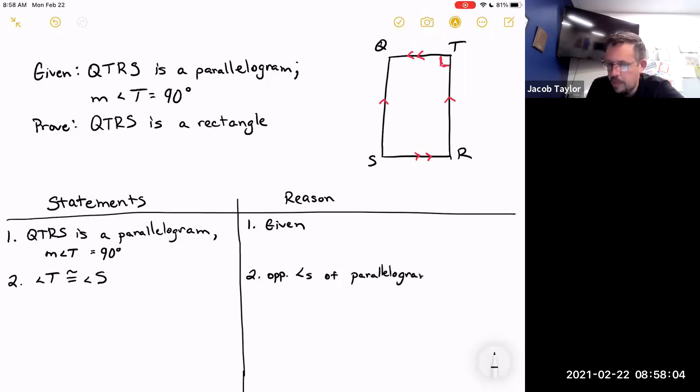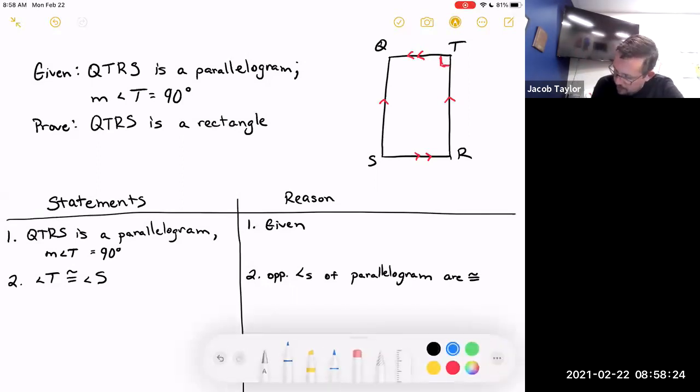I wish there was an abbreviation for parallelogram. I don't know how you could, you'd have to do parallelo, because if you just did parallel, that's a different thing. So I know they're congruent. The way that I know they're equal is because that's what congruent means.